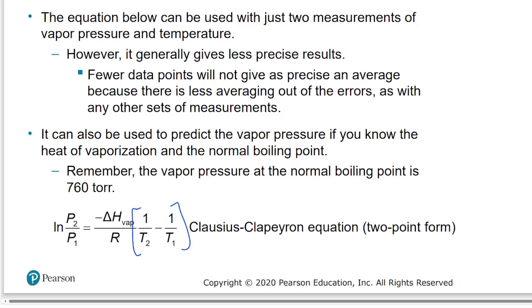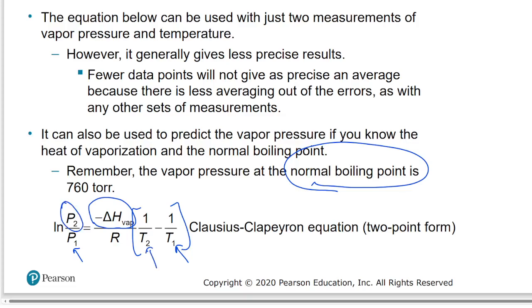What this is going to do is I can use the normal boiling point for a substance, because I know that at atmospheric pressure, that would be 760 torr, so I can plug in 760 for P1, and then I can plug in the normal boiling point for T1, and I have to know the delta H of vaporization for that substance. Then I can find P2, in other words, the vapor pressure at any temperature.